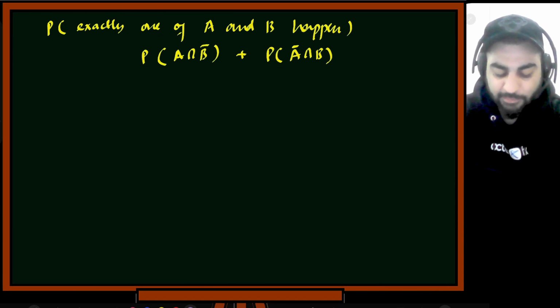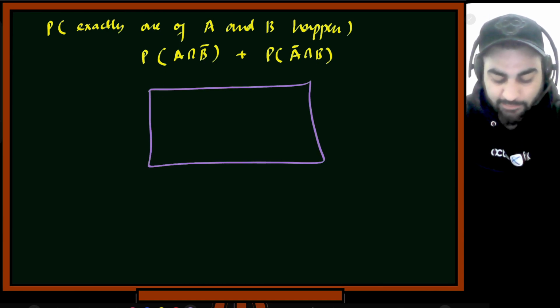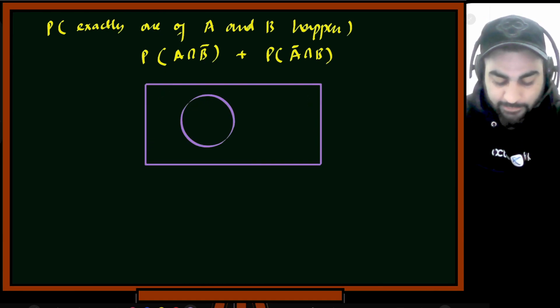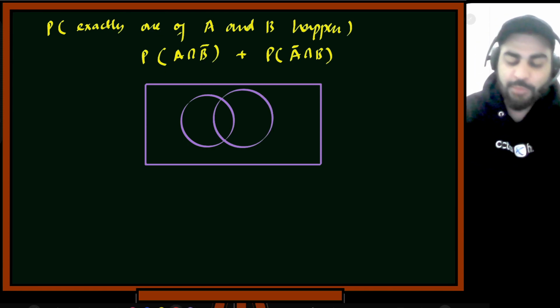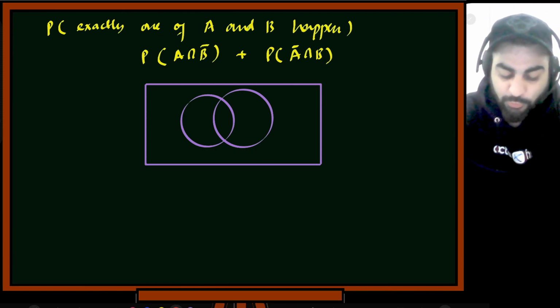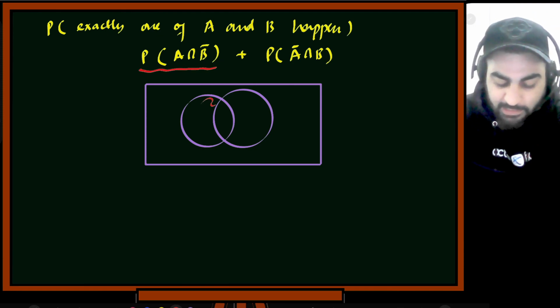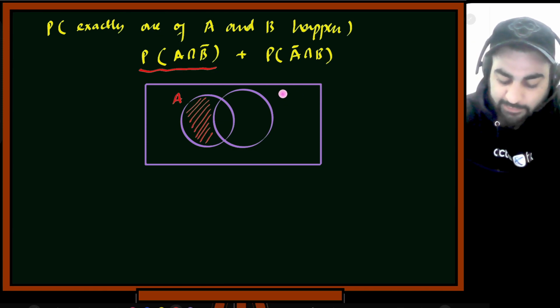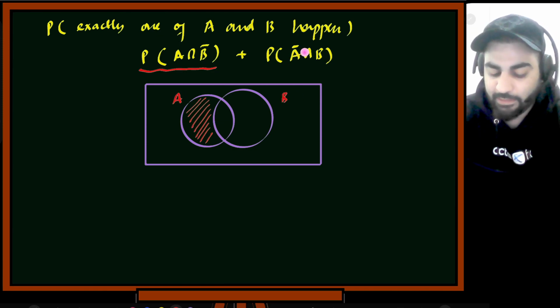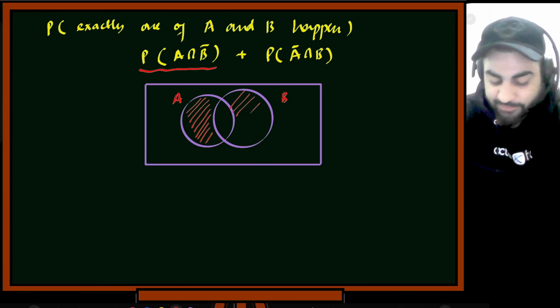In the Venn diagram, I'll make it a little bigger. So this is our Venn diagram, with events A and B. Now I'm saying either A should happen or B should happen, so the probability of this portion, this much. This is our event A, this is our event B. The probability that A should not happen and B should happen is this much.